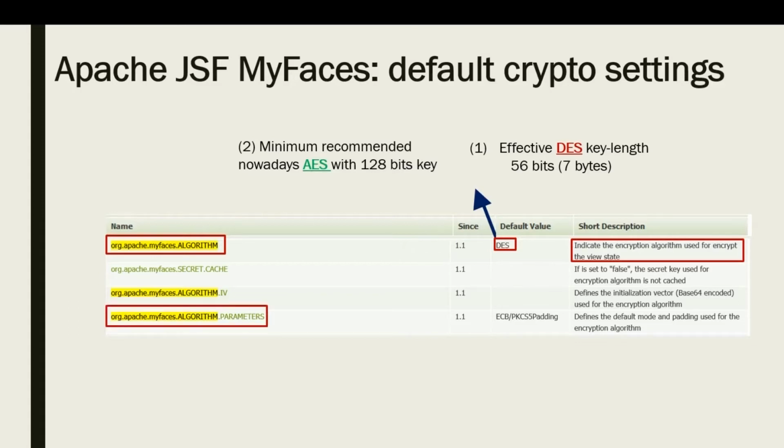Then there is this other option, which defines the mode of operation and the padding scheme used along with the encryption algorithm. The default values are ECB as a mode of operation and PKCS 5 as a padding scheme. Let's explain these two things. This is a so-called block-based encryption algorithm because a plain text message is first divided in blocks of the same size before being encrypted.